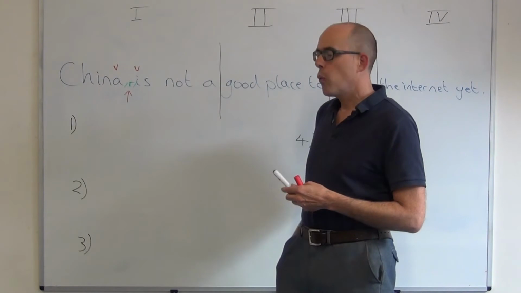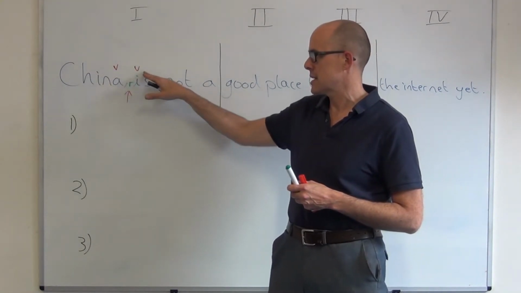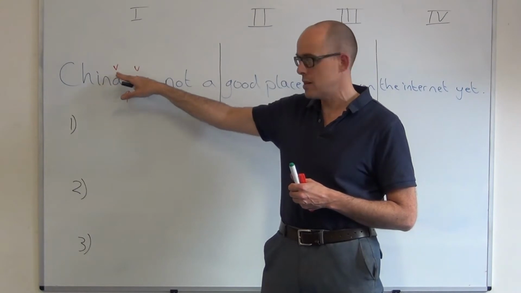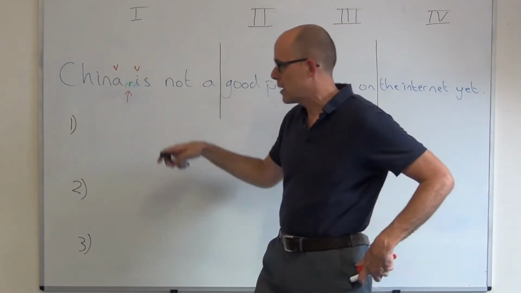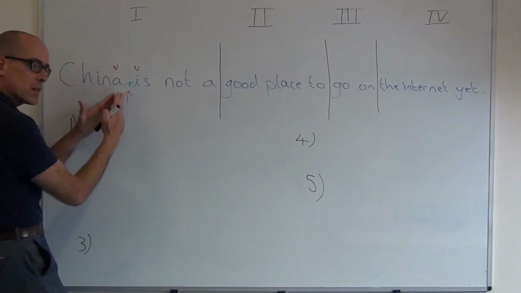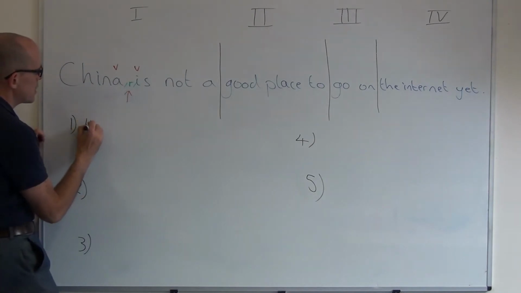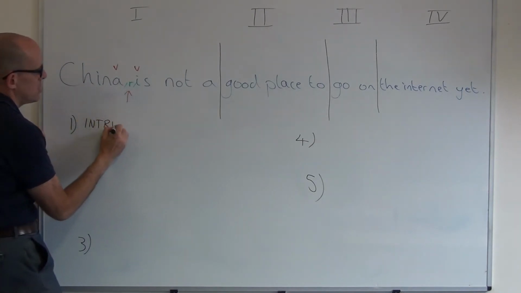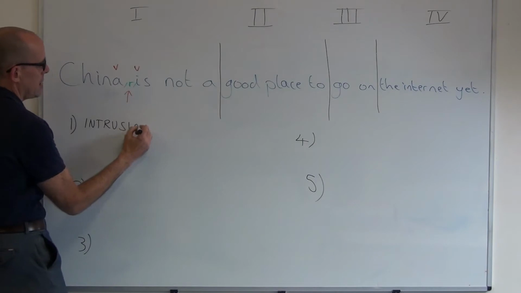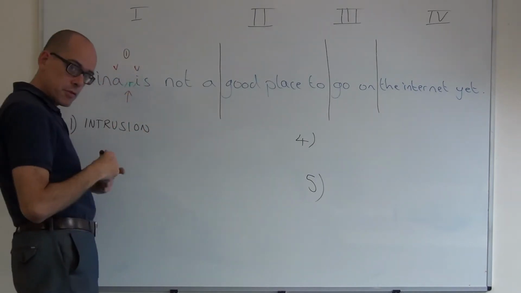So, when we have two vowel sounds together, one at the end of the word, next at the beginning, we add a new sound. A new sound intrudes between the two vowel sounds. So we call this intrusion. So number one, the first change is called intrusion.